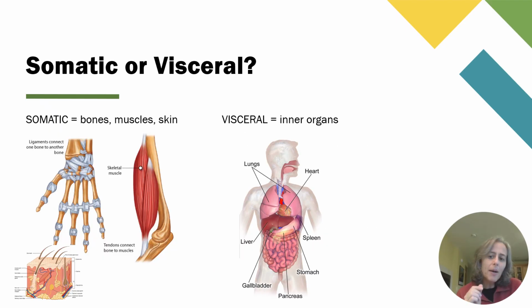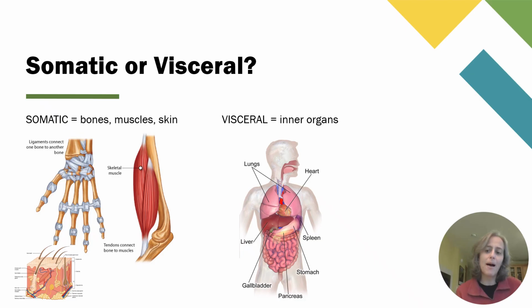Then we can also talk about which parts of the body it is talking to, because it turns out that whether we're talking about the meat skeleton or the squishy bits inside. So your meat skeleton, your bones, your muscles, and the skin that covers them, that is your somatic nervous system. And so we have just learned about the somatosensory system and the somatic motor system.